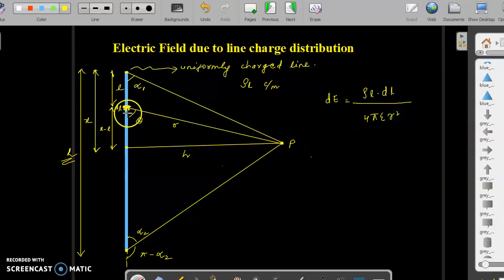Here r is the distance of the small segment from the point P. We know that rho L dl is the delta Q, the charge contained in this line segment of that length. So delta Q becomes rho L dl. This represents the charge at the point.